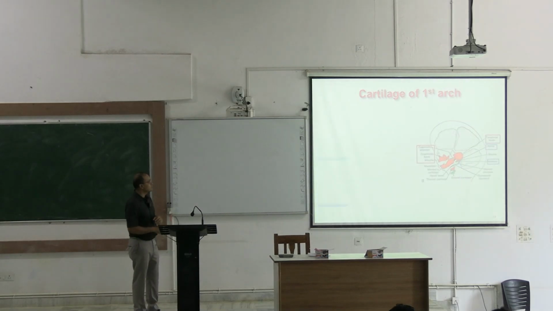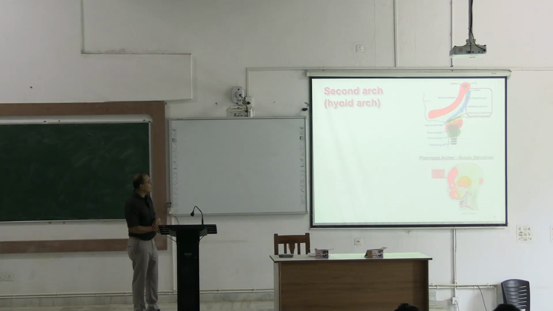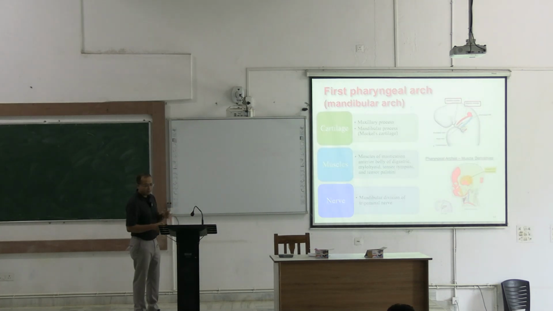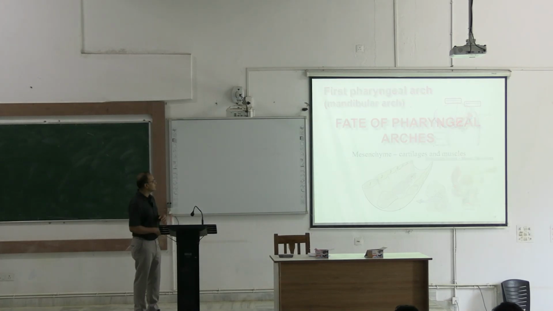Some of the bones and cartilages develop from it, along with muscles and nerves. We have to memorize which parts of the bones and cartilages are programmed from here, developing into the adult body. The nerve supply to the muscles in this region comes from the trigeminal nerve, third division, the mandibular division of the trigeminal nerve, which supplies the muscles of mastication and a number of other muscles derived from this region, which are charted here.